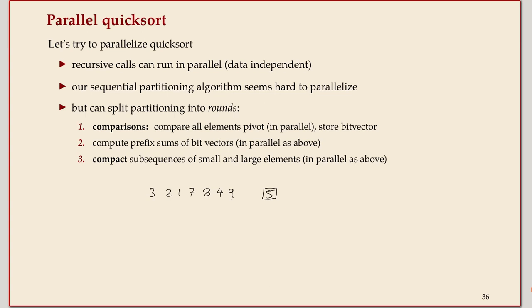So step 1 is find this bit vector, which is 1 if the element is small and 0 if it's large. Maybe we should call it small then. Okay, so we compare. 3 is smaller than 5, so I should put in a 1.